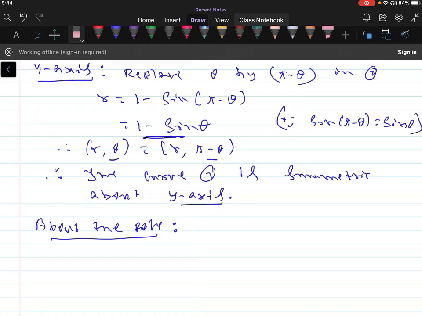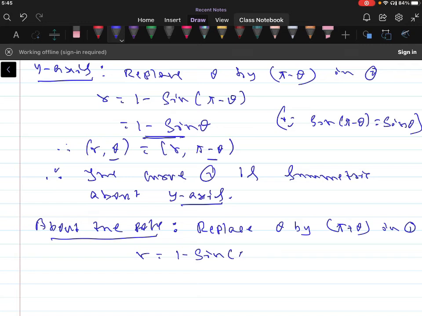To check whether the curve is symmetric about the pole, replace theta by pi plus theta in equation 1. We get r is equal to 1 minus sine of 180 plus theta. So this is equal to 1 minus sine of 180 plus theta, which is minus sine theta, that becomes plus sine theta.